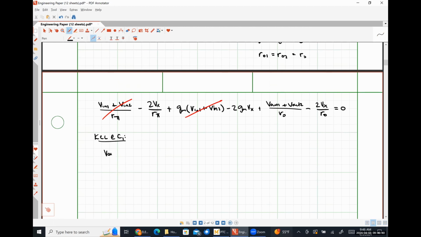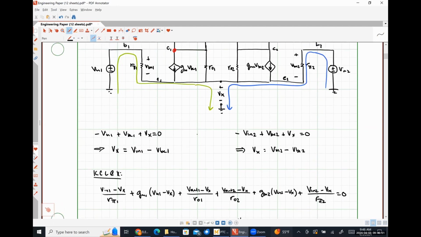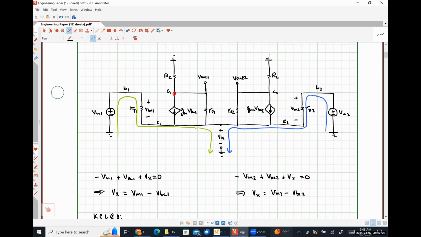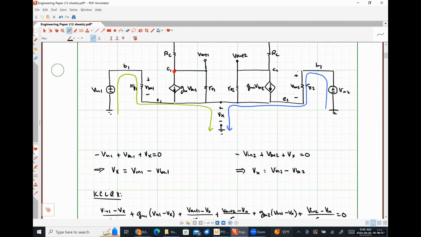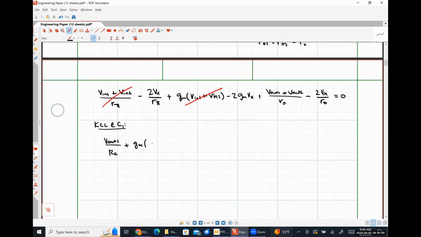We're going to have Vout1 over RC, which is the current flowing out of that node. We're going to have gm Vbe1 flowing out of that node, so gm times (Vn1 minus Vx). And then we're also going to have a current of Vout1 divided by R0. Actually, I should have a Vx there as well, sorry.